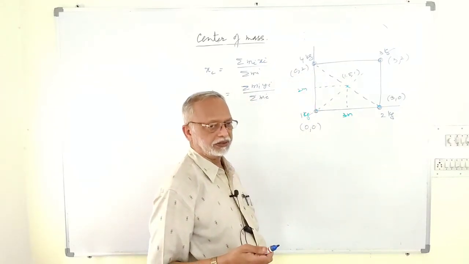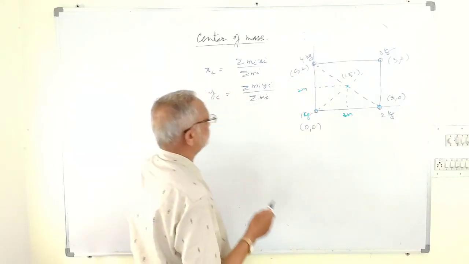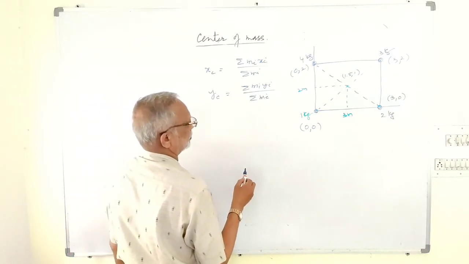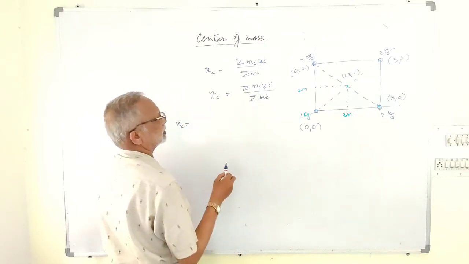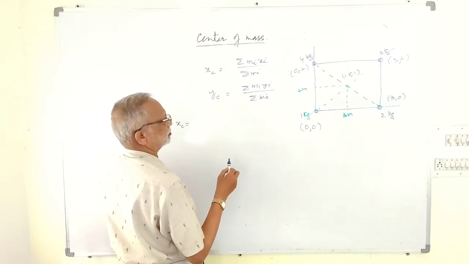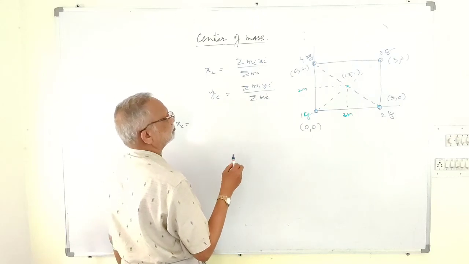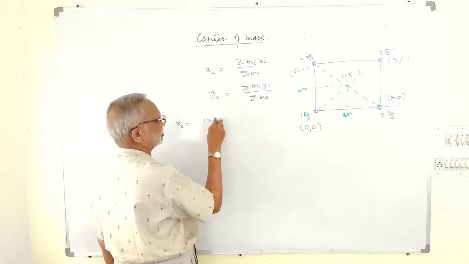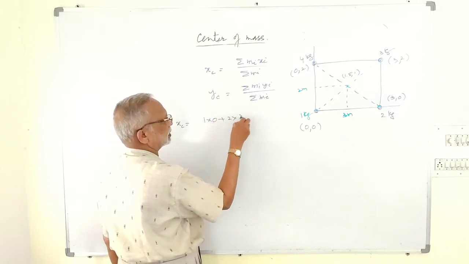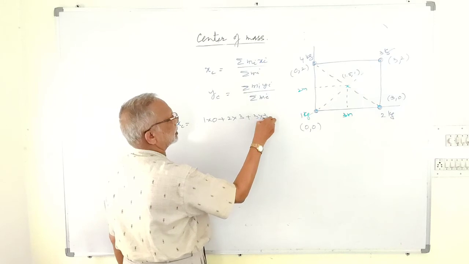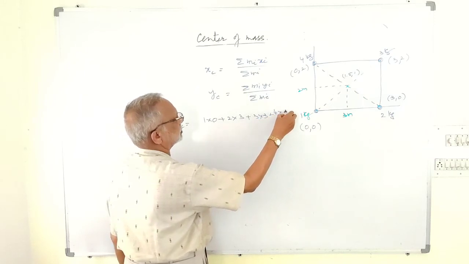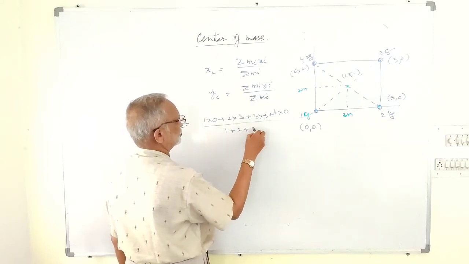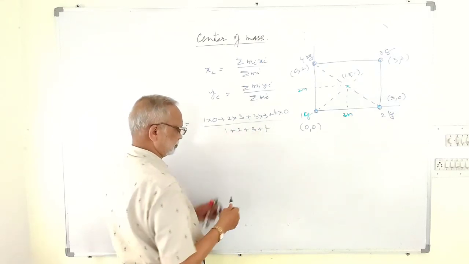As before, you can find the center of mass. Xc is equal to m1 x1 plus m2 x2 plus m3 x3 plus m4 x4, whole divided by m1 plus m2 plus m3 plus m4. There are 4 bodies here, so 1 into 0 plus 2 into 3 plus 3 into 3 plus 4 into 0, whole divided by 1 plus 2 plus 3 plus 4.